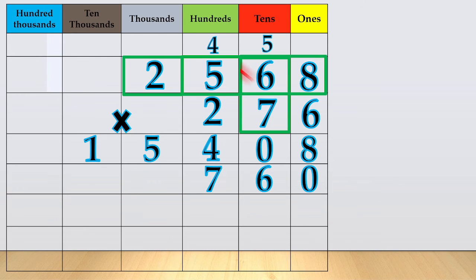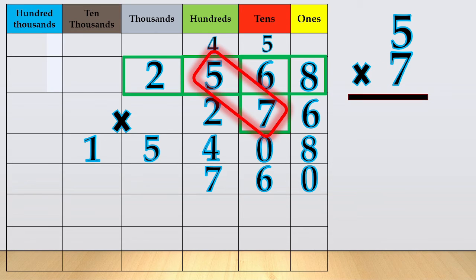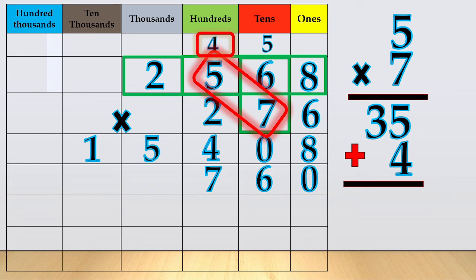Now, multiply 5 times 7. 5 times 7 is equal to 35. Add the 4 that we have carried over. So, 35 plus 4 is equal to 39. So, we need to regroup. 3 will be carried over in the thousands place column above 2 and 9 under the thousands column.